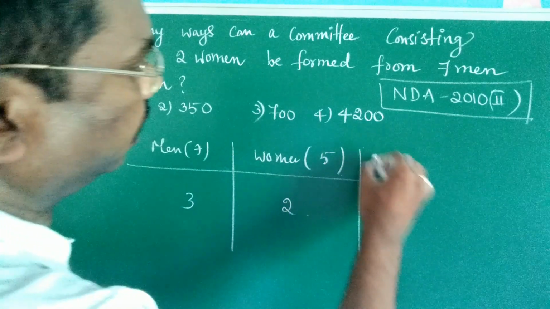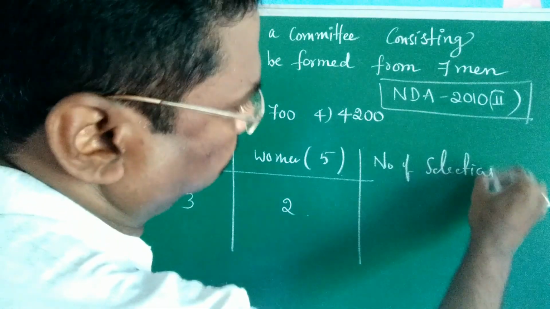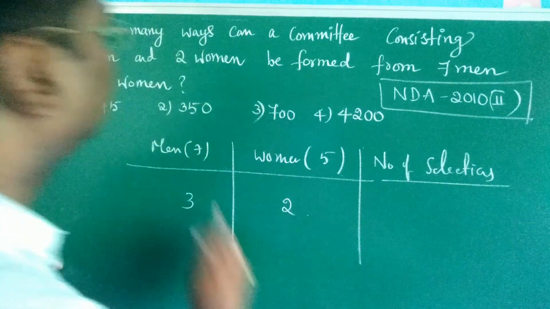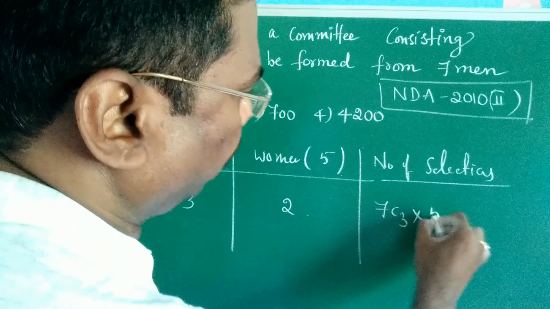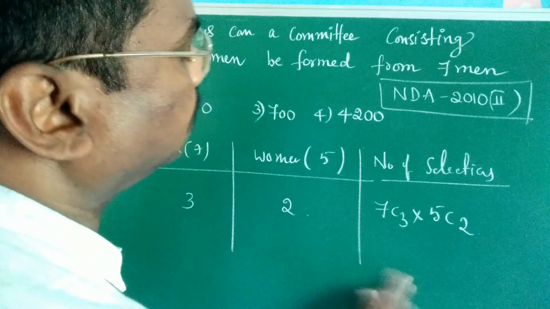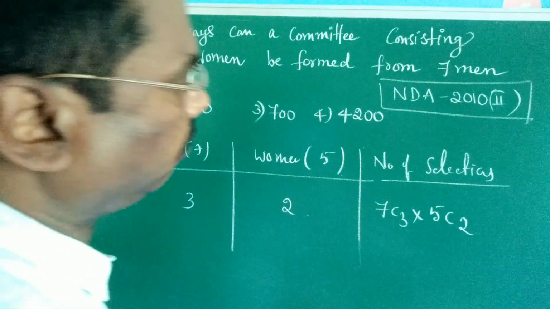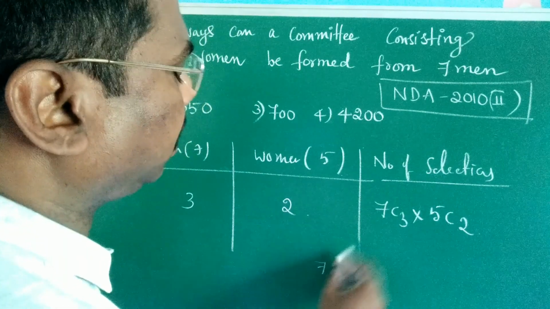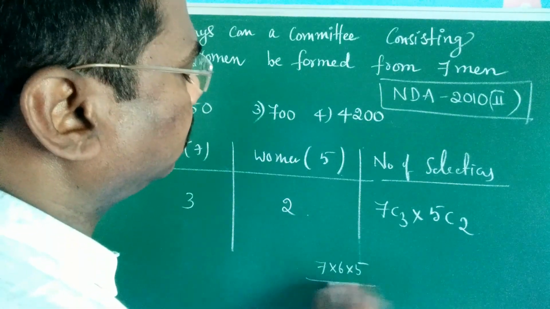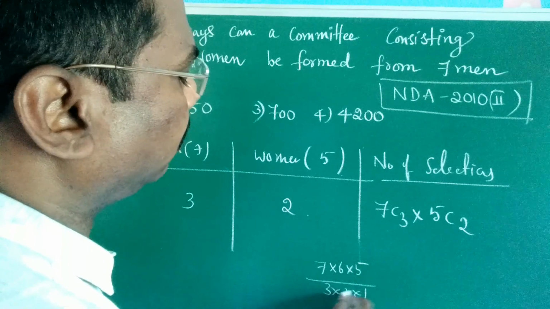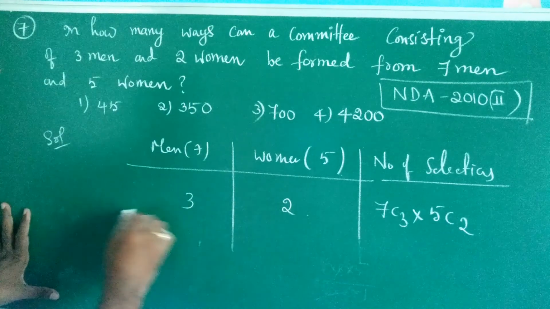Therefore number of selections is equal to, now 7C3 into 5C2. Now 7C3 value is 7 into 6 into 5 by 3 into 2 into 1, now 35.